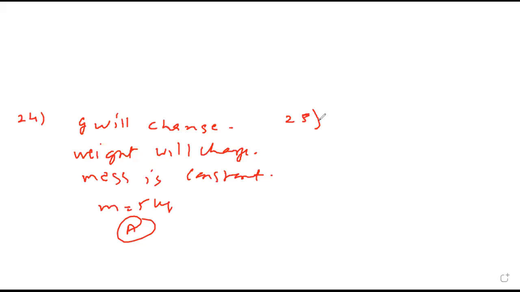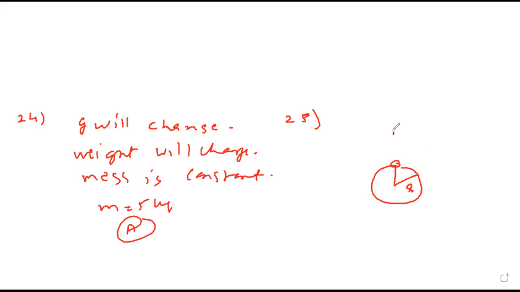Next one, 25th. A satellite of mass m revolves around Earth in a circular orbit of radius r with velocity v. How much energy is required to take this satellite from orbit r to orbit 3r? It is revolving in a circular orbit of radius r with velocity v.